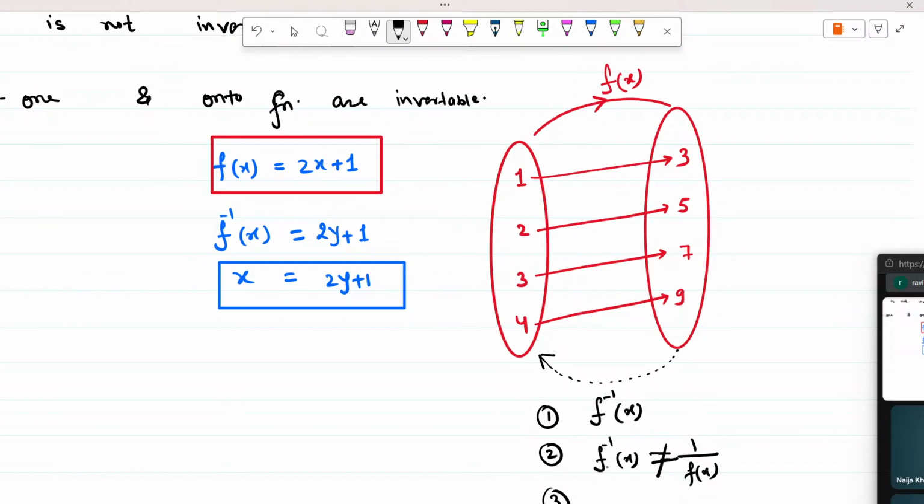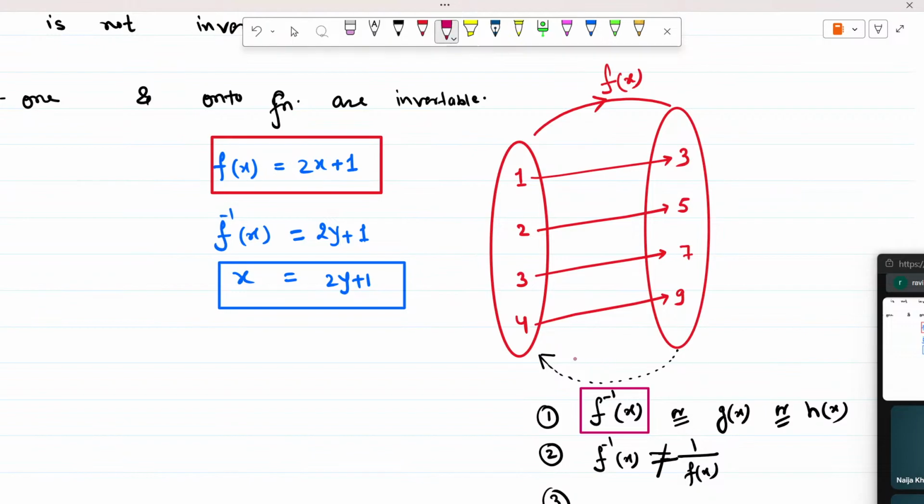We can say f inverse x, we can say it is g of x, we can say this is h of x, but generally we say f inverse x. Why? Because it gives us extra information that this is the reverse of that function. Otherwise, it is also a function.